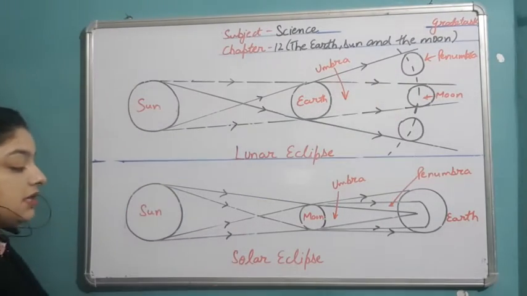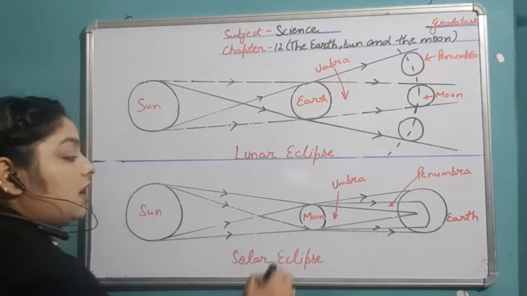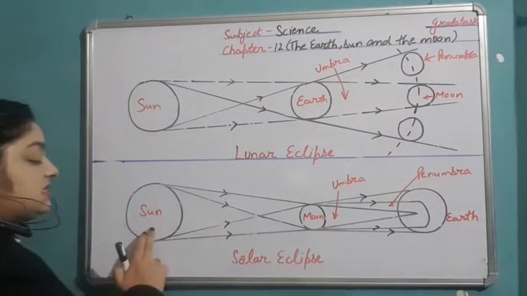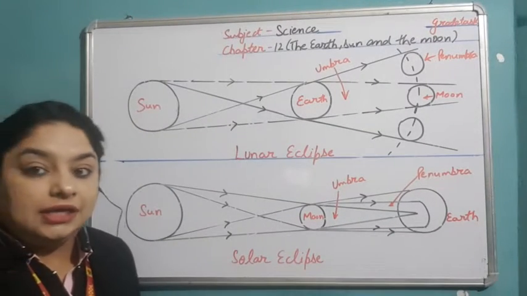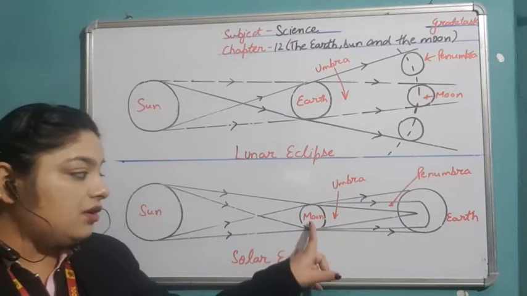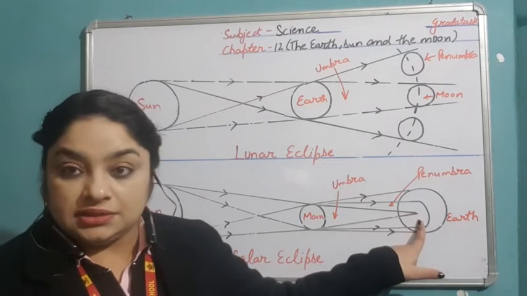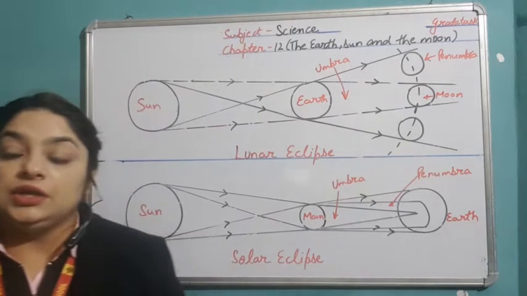Second eclipse is solar eclipse. Now what is solar eclipse? Solar eclipse is when moon comes in between sun and the earth. When moon comes in between, the shadow of moon will fall on the earth and a part of the earth is not visible. That is known as solar eclipse.